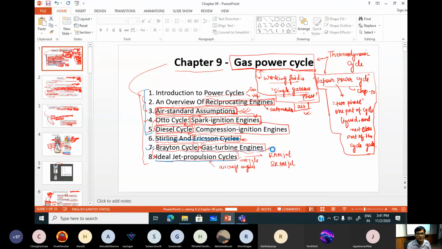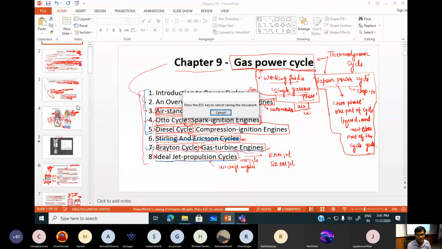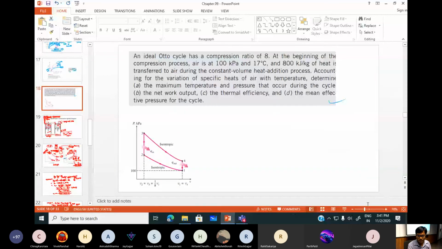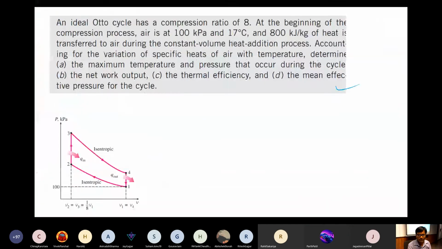Since we have time, we can go back and look at one particular example. So this is the example I want to talk about. An ideal Otto cycle. This is a previous example. The Otto cycle has a compression ratio of 8. At the beginning of the compression process, the air is at 100 kPa.